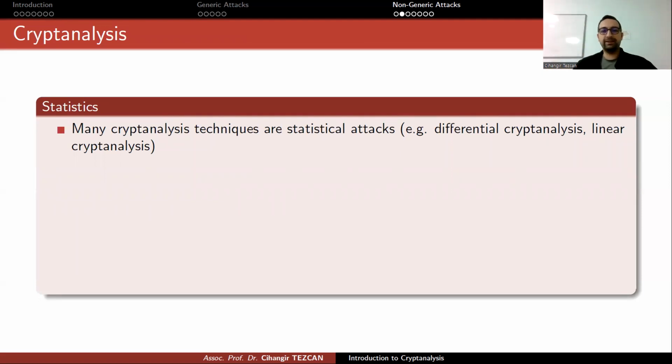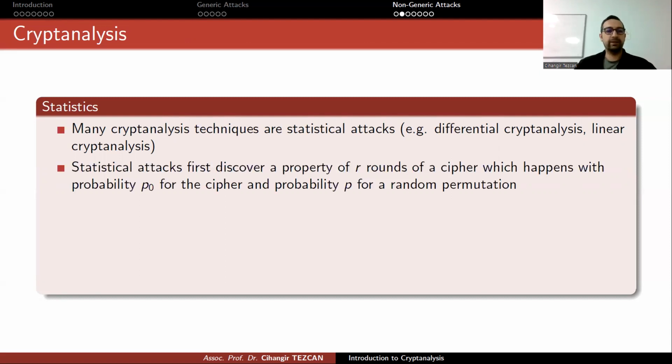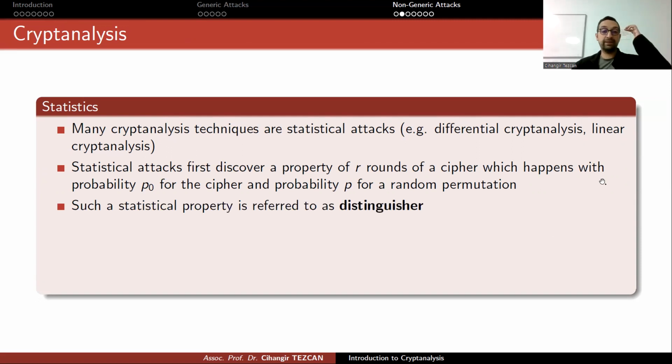Many cryptanalysis techniques are statistical attacks, like differential cryptanalysis and linear cryptanalysis. Statistical attacks first discover a property of R runs of a cipher, which happens with probability P0 for the cipher and probability P for a random permutation. In our dice example, P was 1/6 and P0 was 1/3. Such a statistical property is referred to as a distinguisher.